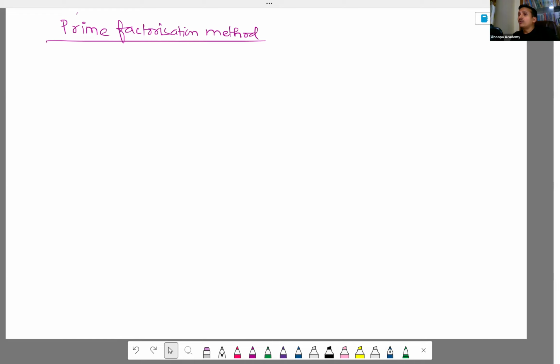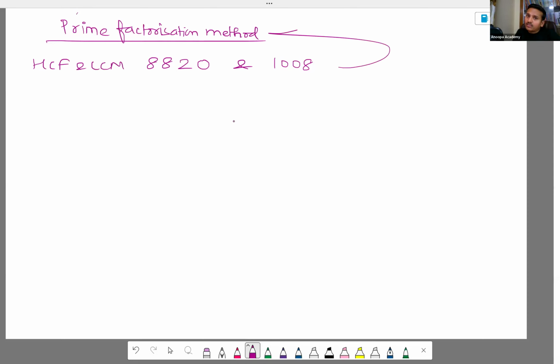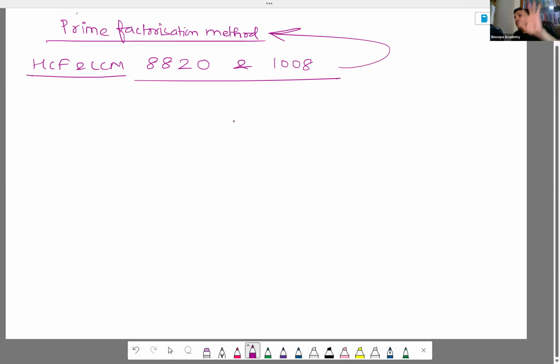So now, suppose I have the numbers 8820 and 1008. And I want to find the HCF and LCM by this method only. We have to find the HCF and LCM of these two numbers by prime factorization.